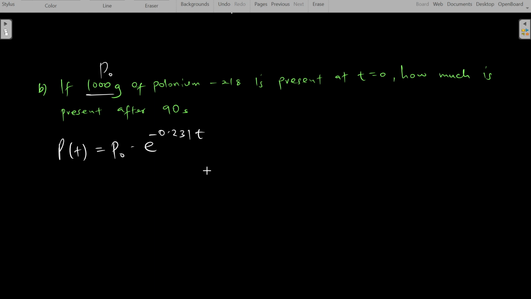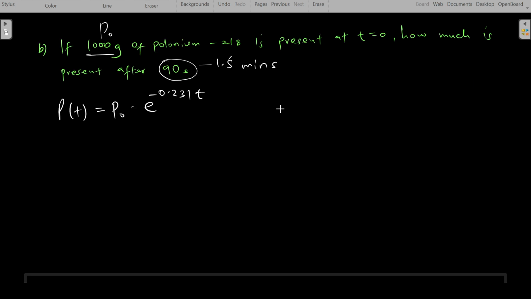But what is 90 seconds? 90 seconds is simply 1.5 minutes. Remember, we are measuring in minutes. So how much is present: P of t when time equals 1.5 minutes.